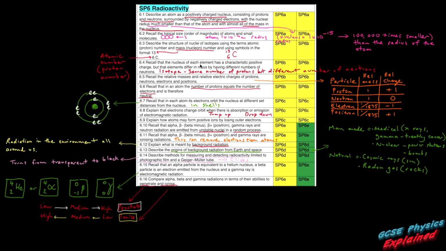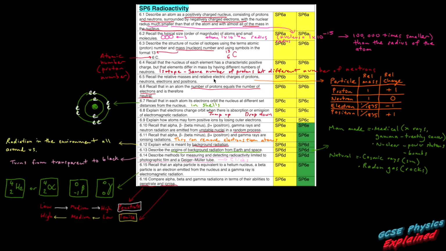Recall that the nucleus of each element has a characteristic positive charge, but that elements differ in mass by having different numbers of neutrons. In other words, the definition of an isotope for 2 marks in an exam, you've got to say an isotope has the same number of protons but a different number of neutrons. Remember, it's the number of protons on the bottom that define what element it is, but the mass number on the top can change depending on how many neutrons it's got.